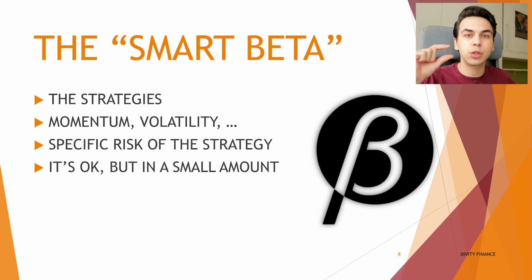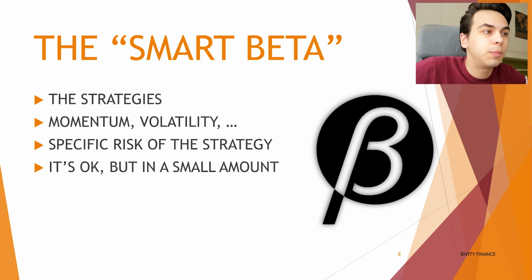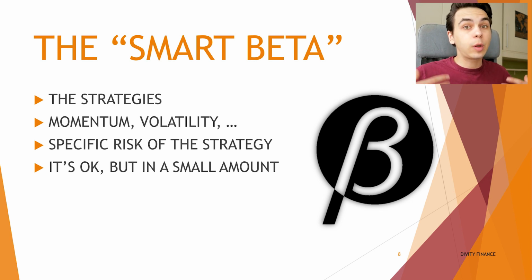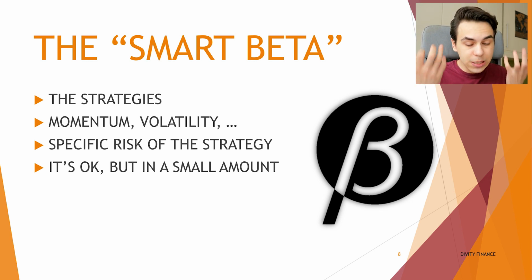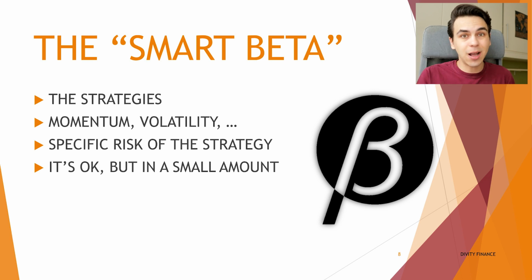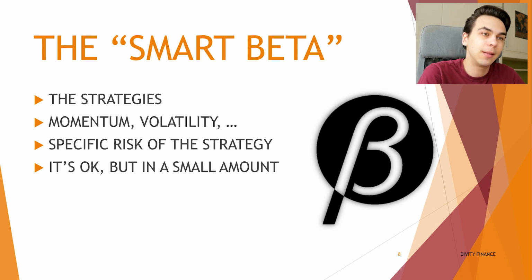So a very small percentage of our portfolio has to be with smart betas, not the core portfolio. The core portfolio should still be the normal standard ETF with the normal standard index, well diversified. So yes, we can use them, but in a very small amount, not too much, because they carry specific risk due to the strategy. If the strategy fails, then the ETF can be worse than the index of reference.